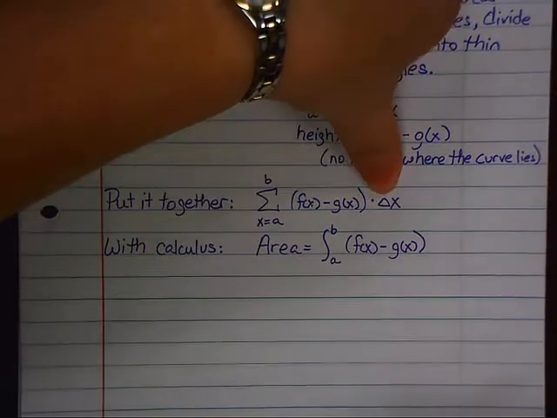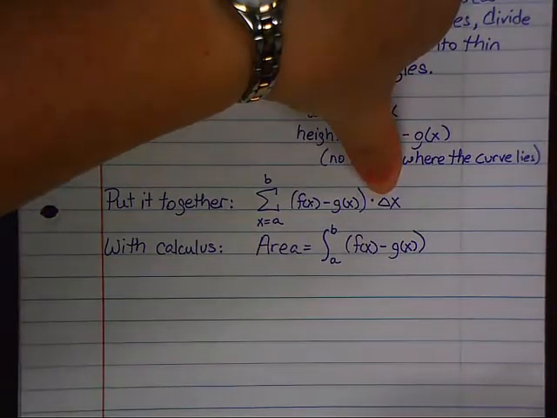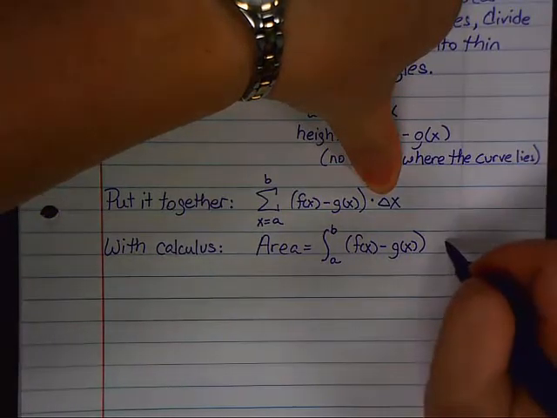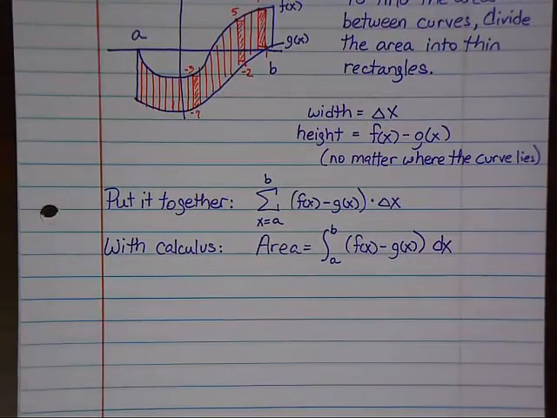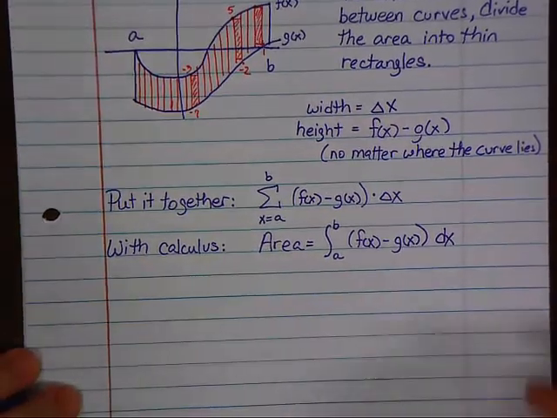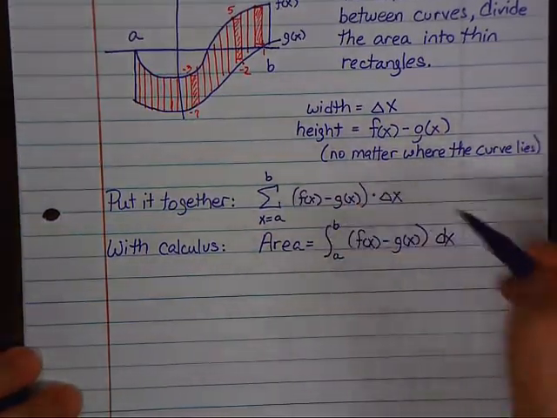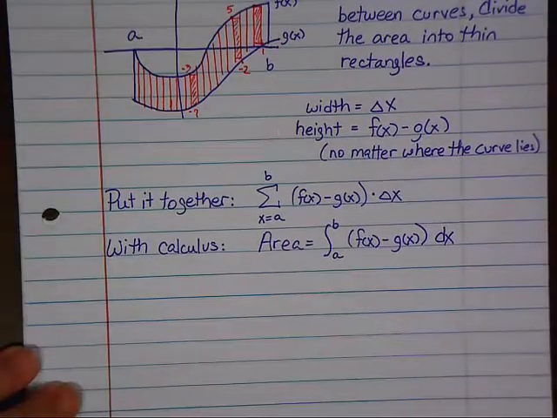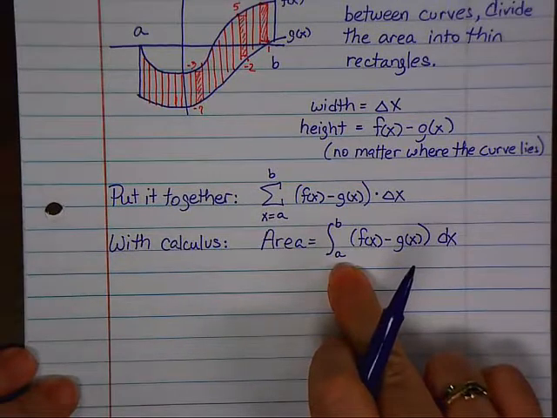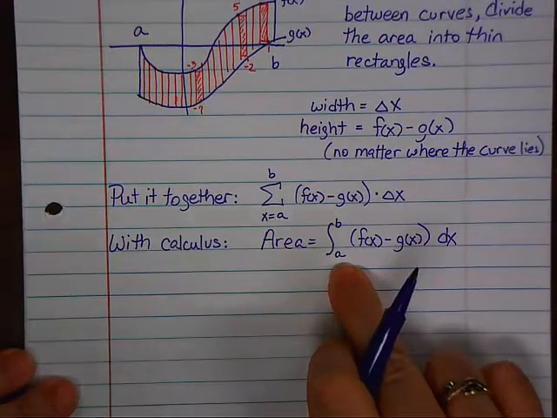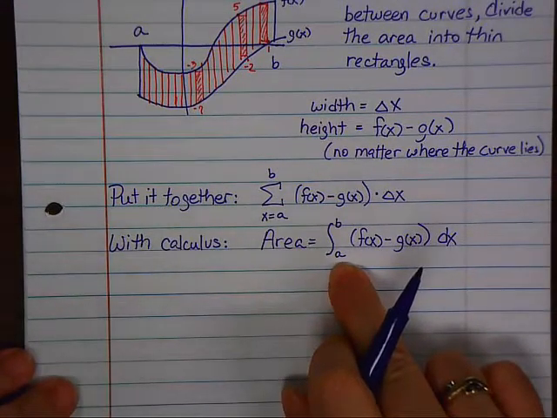And what do you think the delta x becomes? What do we always put at the end of an integral? dx. dx is delta x. That's why it's there. So this is the non-calculus way, this is the calculus way we do it. Because that represents the length, that represents the width, and that says add them all up from A to B. That's what we're doing. Okay?